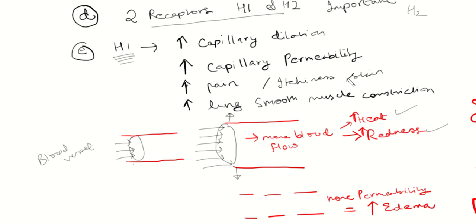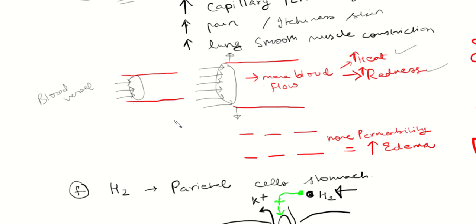It also makes the capillary permeable. Usually the endothelial cells are close together, but what this does is increase the gap between the two cells. So that allows more fluid to come out, more stuff to come out.